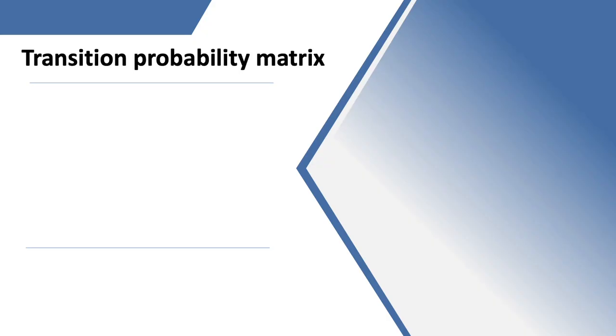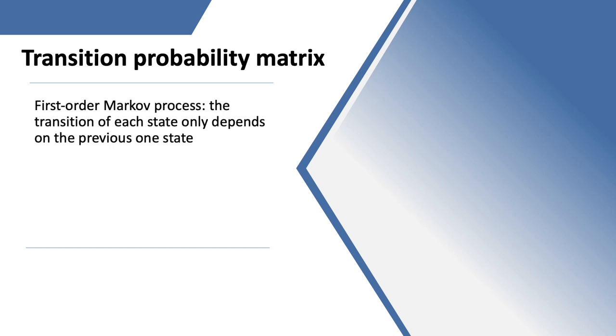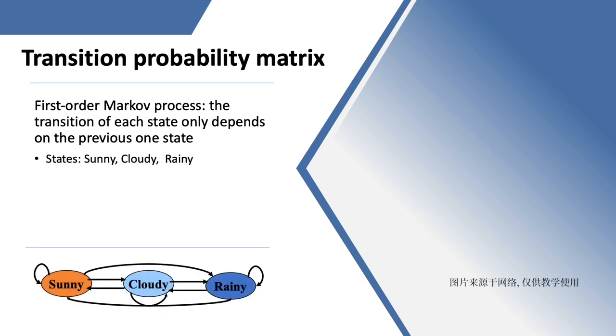In the Markov model, that is a k-order transition probability matrix. Consider the first-order Markov process, in which the transition of each state only depends on the previous state. For example, the weather forecasting problem contains 3 states: sunny, cloudy, and rainy. The initial vector defines the probability of the system state at time 0.